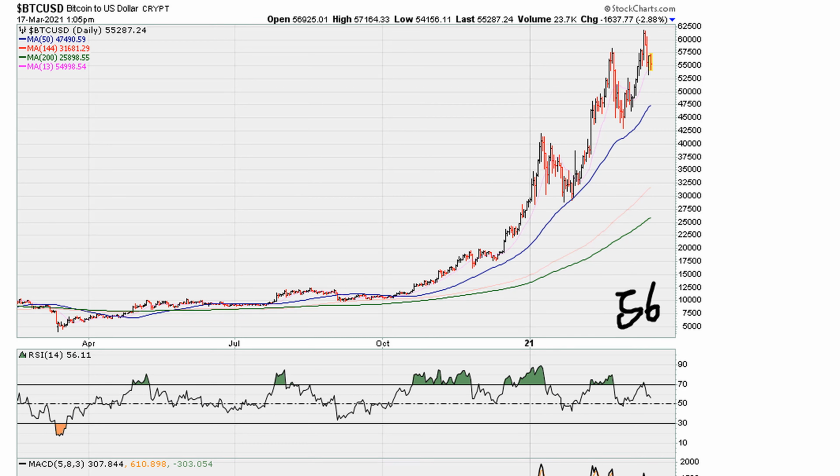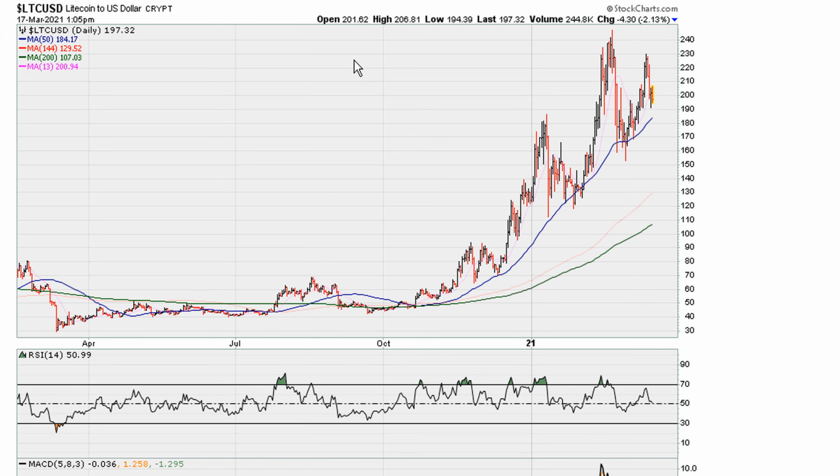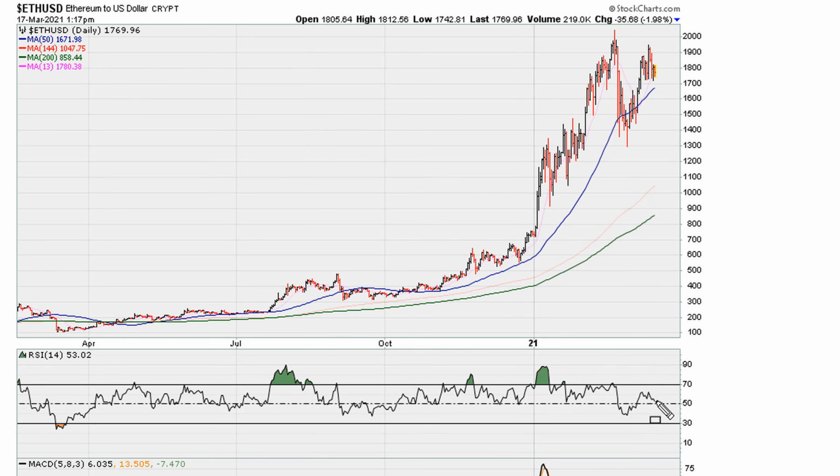So what this means is that if Litecoin drops below 50, it's inviting a big down day, which might cascade into Ethereum dropping below 50, which means there might be a big down day if Ethereum also drops below 50.